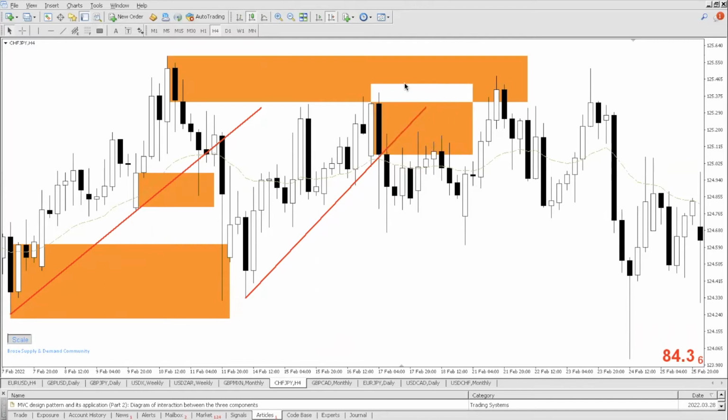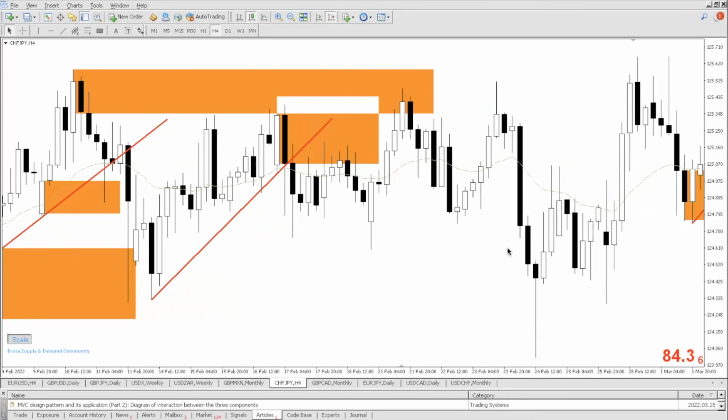This pair is too wicky, and usually pairs that have these long wicks are not good when you have small accounts, because the wick can take you out of your trades most of the time. So the concept still applies. Trend line crossed, and then the pair went down.